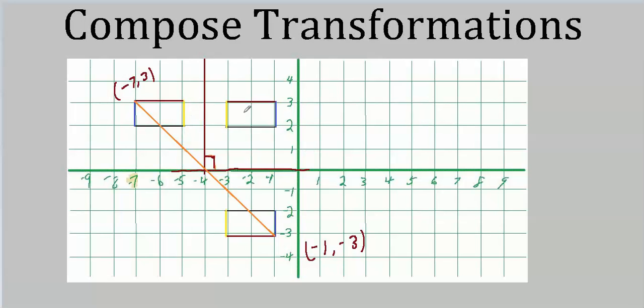If they're not parallel, then it's a rotation about the point where the two reflection lines intersect, and the angle of rotation is just double the angle of the intersection of these two lines. If these two lines intersect at a 45 degree angle, then your double reflection will be the equivalent of a 90 degree rotation, etc. If they intersected at 30, then your double reflection would be the same as a rotation about this point of 60 degrees.